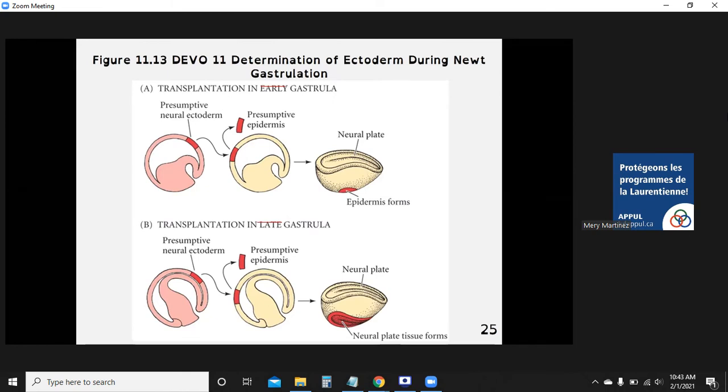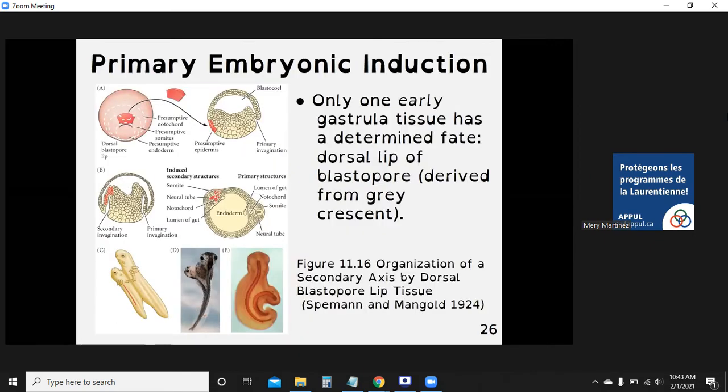Their prospective fate was determined, and the cells developed independently of the embryonic location in which they were placed. So early gastrula cells are not fully committed. In late gastrula, as the gastrocoel or the archenteron is forming, cells become determined. Does that make sense? Is that clear? Yeah, okay.